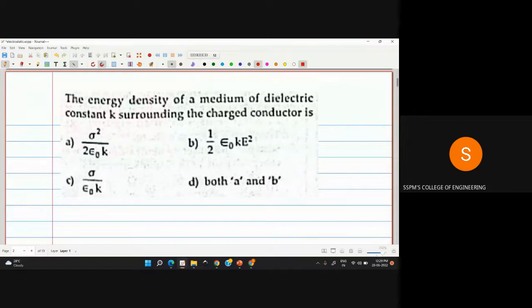हा एक्झाम्पल कॅपॅसिटर वर आहे. आता बिफोर सॉल्विंग दिस एक्झाम्पल, I would like to explain what is a capacitor and how to calculate the energy stored, isn't it?